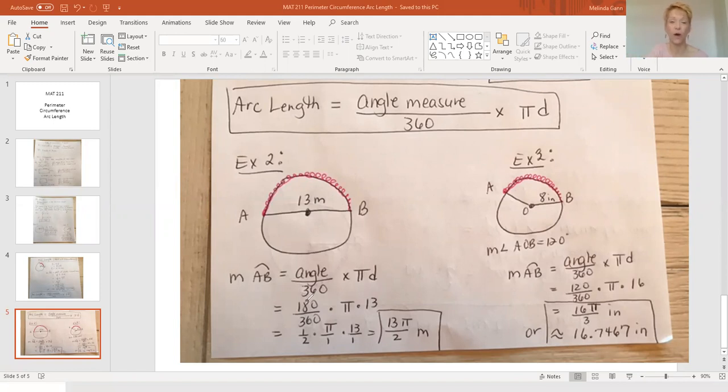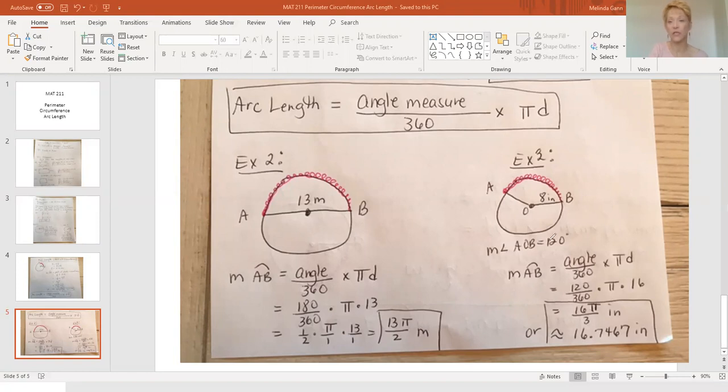And we only went 180. Remember, a straight angle is 180 degrees. If you reduce that, you get 1/2. Single numbers go over 1 to make them fractions. You multiply straight across the top and straight across the bottom. So that's where I got 13 pi divided by 2. And then don't forget to put your units on there, meters. If you want to change to a decimal approximation, that'd be fine. It'd be your choice.